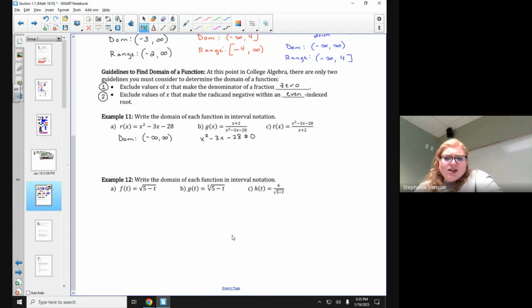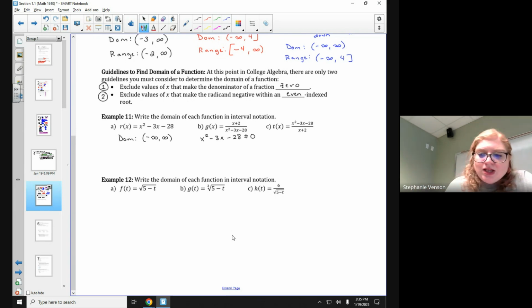So we're going to have to factor that to figure out what values would make the denominator 0. So I asked myself, what 2 values multiply to give me negative 28 and add to give me negative 3? And the answer is negative 7 and 4. Negative 7 plus 4 is negative 3. And negative 7 times 4 is negative 28. So x squared minus 3x minus 28 factors into x minus 7 times x plus 4.